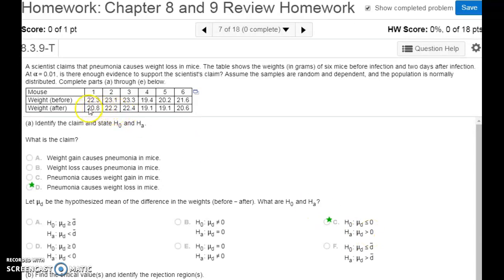So if you think about that, if we're assuming our second sample is smaller than the first because the mice have lost weight, the numbers have gone down, then when you subtract those numbers, you get the difference between the samples. The first value minus the second one is going to be positive because the second numbers are smaller because the mice have lost weight. So that's why we're getting that the difference between our sample values is greater than 0. And so then our null, it has the equality in it, and it's less than or equal to 0.